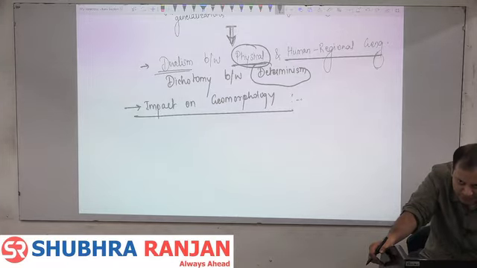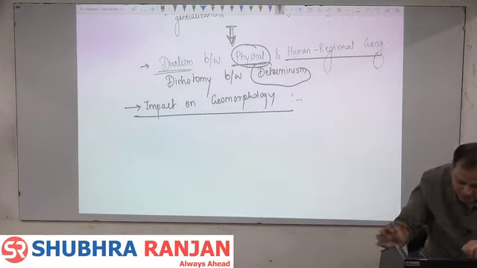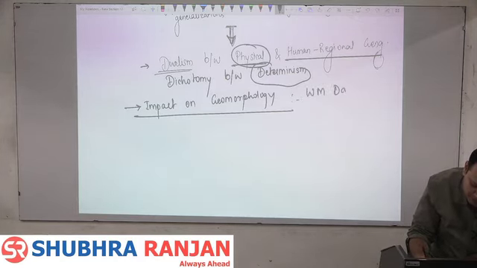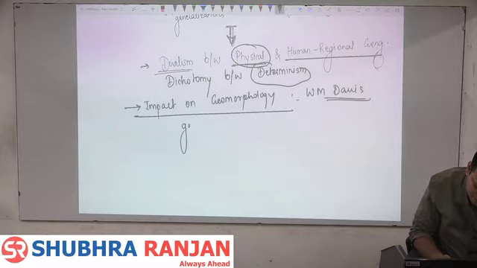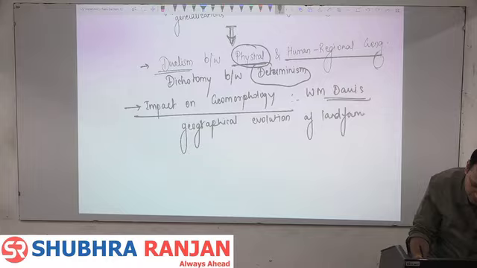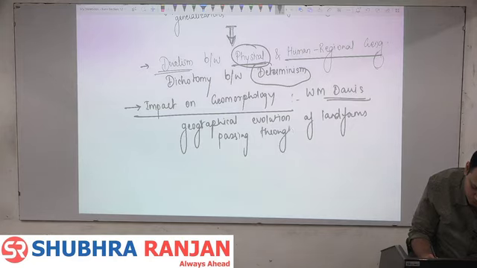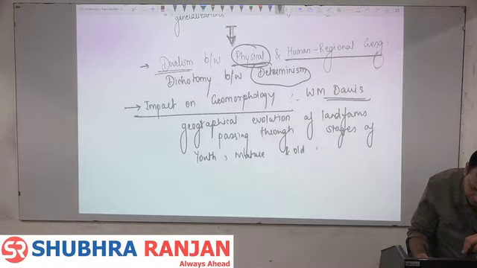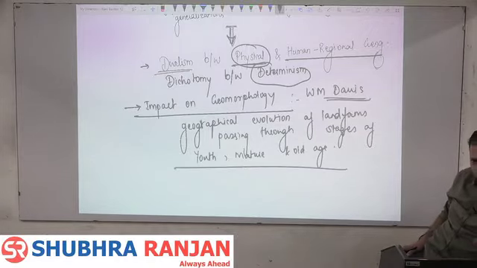So that is also a continuation of the point above, on different parts, and then on each part it was applied by W.M. Davis in the geographical evolution of landforms passing through stages of youth, mature and old age. Got it? Fine.